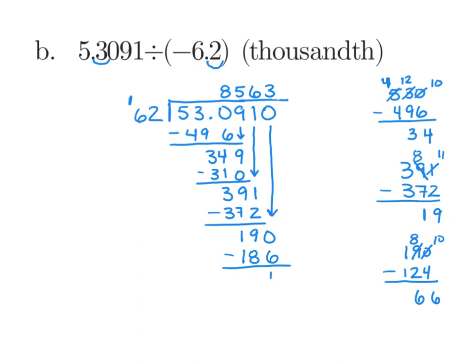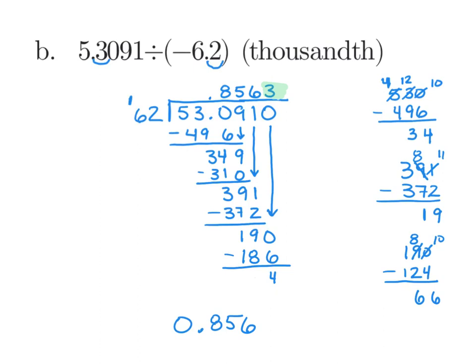If I subtract, I get 4. Okay, so I'm going to move my decimal point up into my answer. And I'm going to go ahead and look at my rounding. The 3 tells me to round up or down. This tells me to round down. So my final answer will be 0.85. We're rounding down. We're going to leave the digit the same.